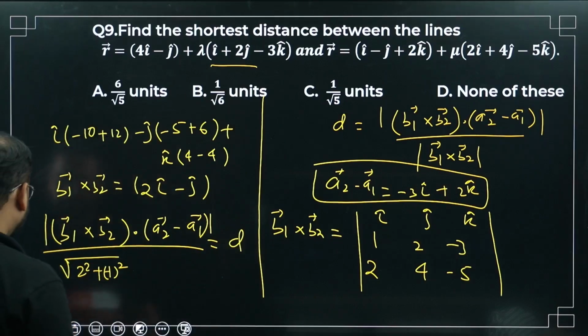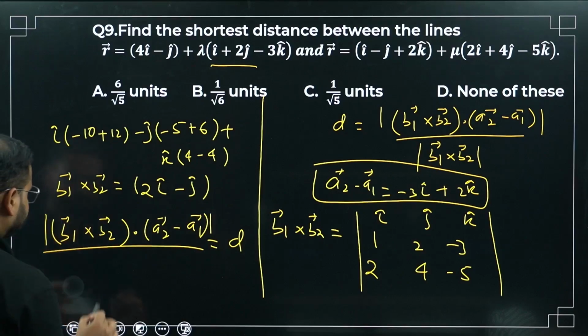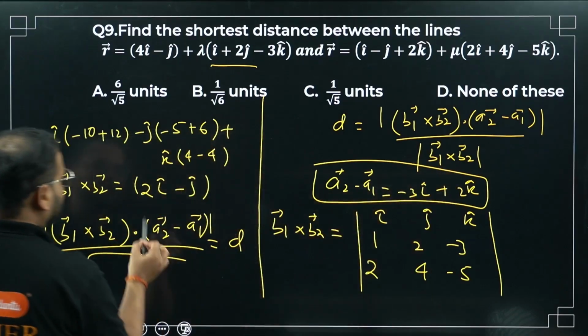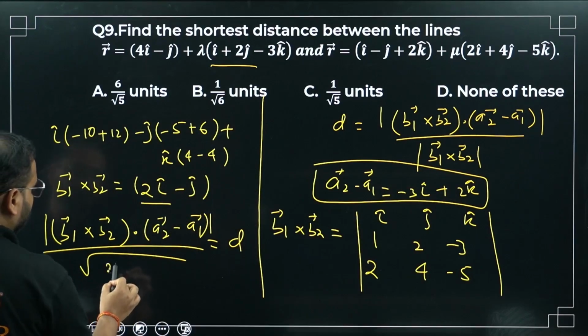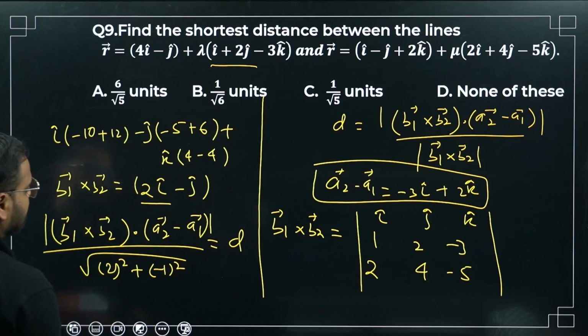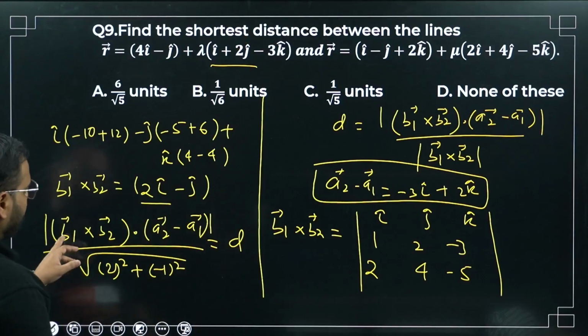This is not clear. I think it's not clear for you. Let me write again. Check here this value, the mod of B1 cross B2. So 2 square plus minus 1 the square, right? So I'm getting my D value as, have a look. I have to do the dot product, right?